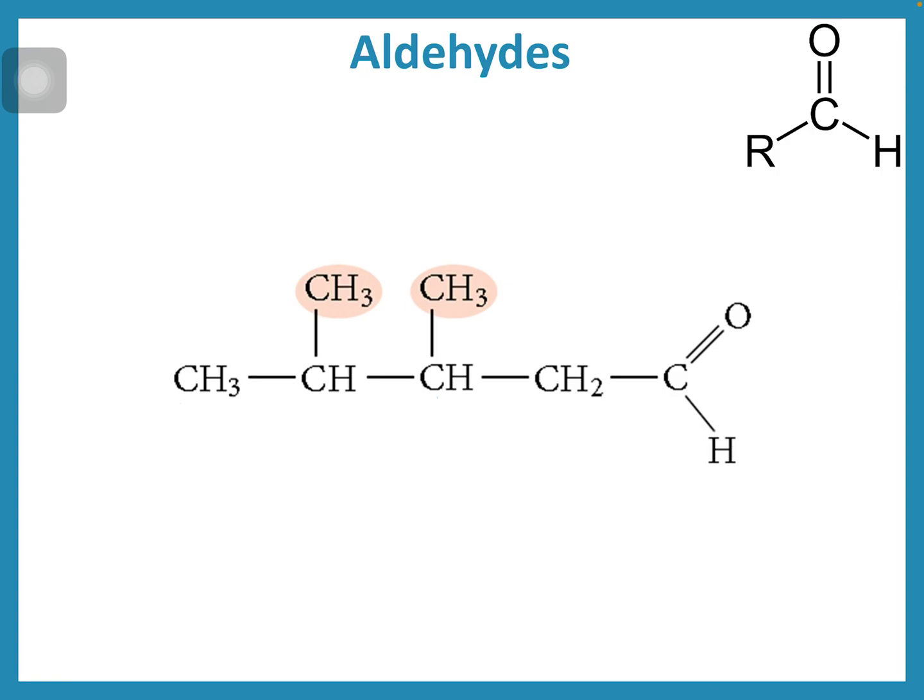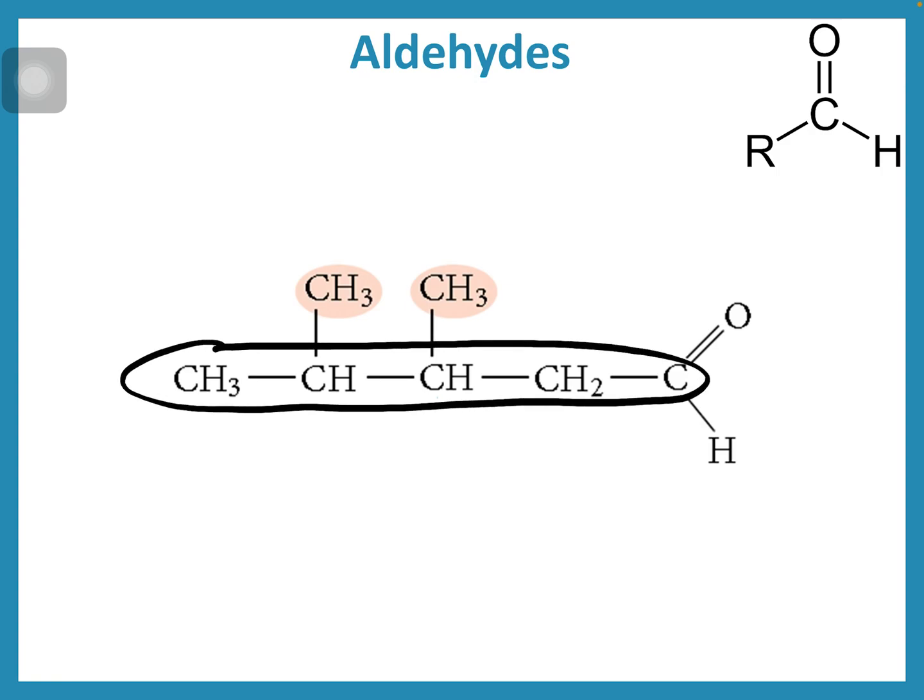So in this example here, my longest chain is 5 carbons, so that is pent. Once again, lowest numbering for the functional group, which is over here. There's my carbonyl group. So this is going to be carbon 1 from this end, moving that way.